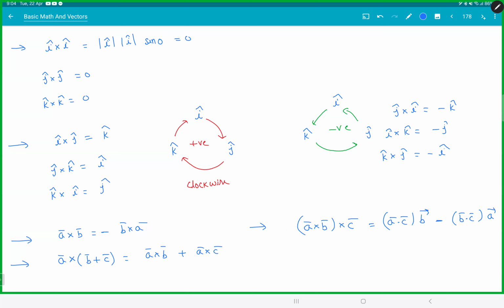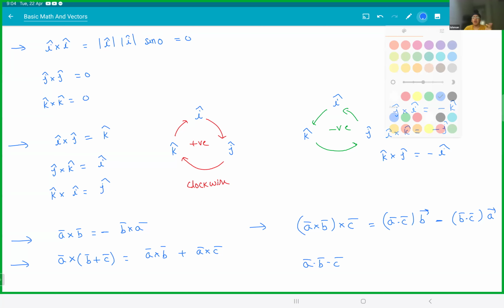So you can have A cross B cross C. Can you have A dot B dot C? Why not? What is the problem? Bolo. My result will be scalar, so it will be like scalar into vector.